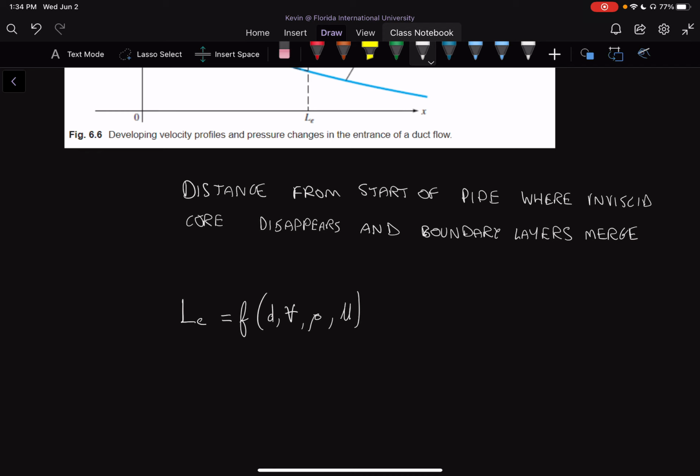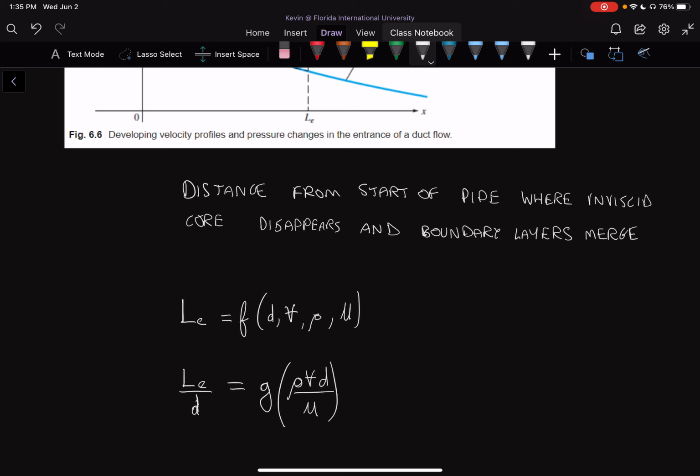And if we look at this equation, we should know from our previous module how to non-dimensionalize it. So we can rewrite this to make it non-dimensional. We can say that L_E over D, so we're going to divide by distance on the left, is equal to a new function g of rho V D over mu.